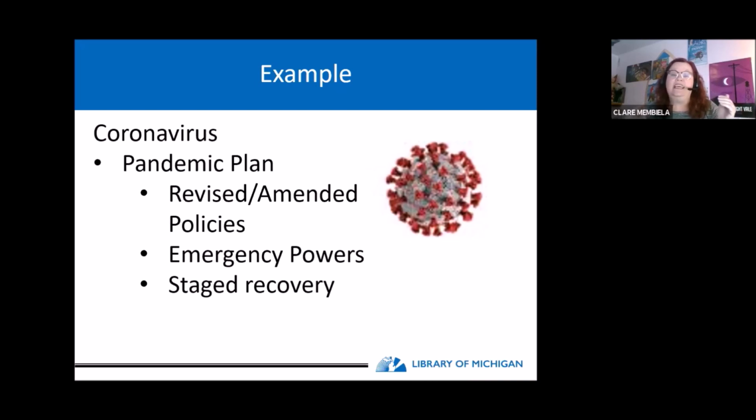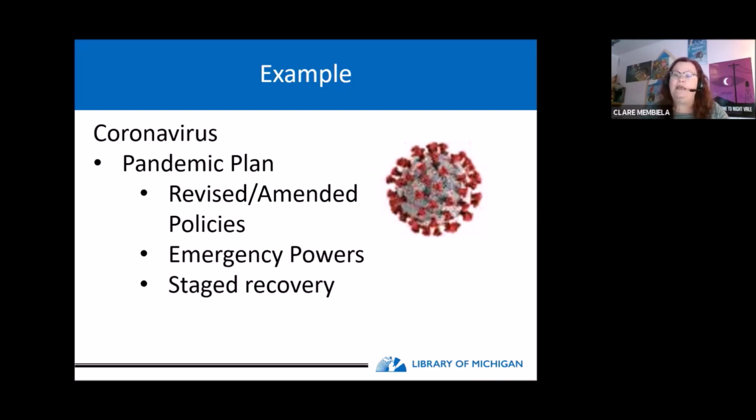It indicated revised and amended policies. It encouraged you to change current policies to go along with the pandemic and to help facilitate operation in the pandemic. Some libraries created pandemic plans that provided emergency powers to the director.